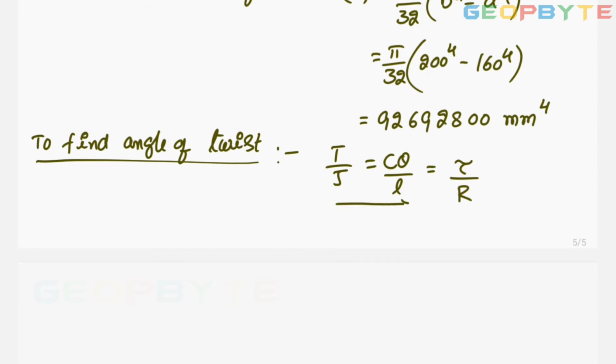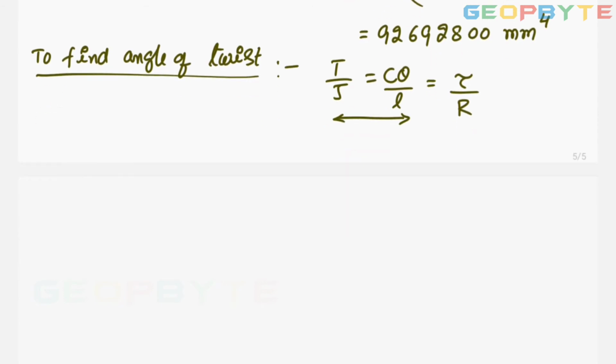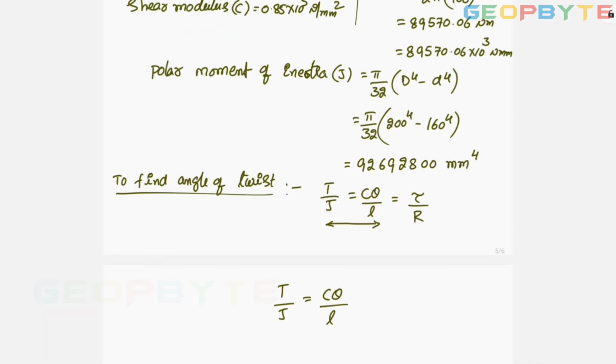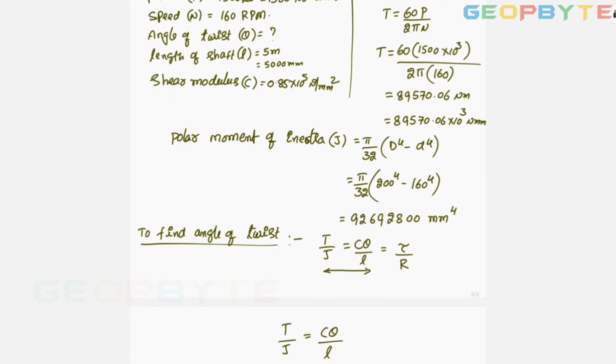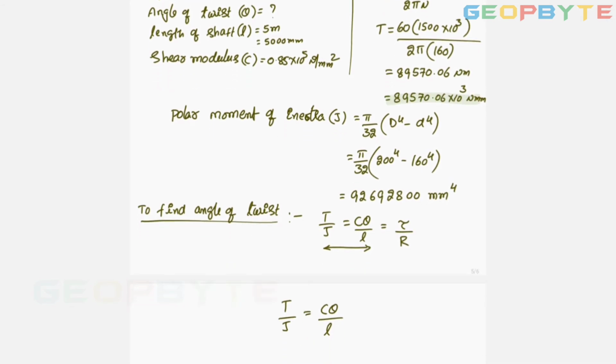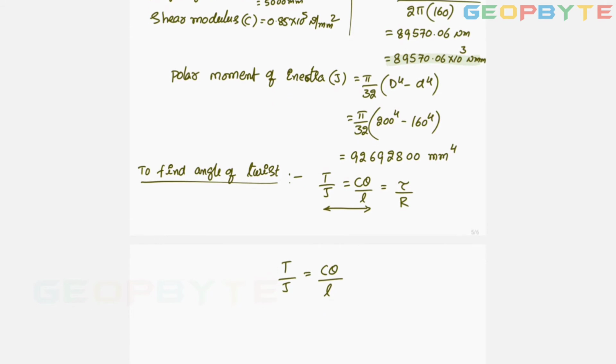Let us take this relation, T by J is equal to C theta by L. Torque I got is 89570.06 into 10 power 3, divided by J.